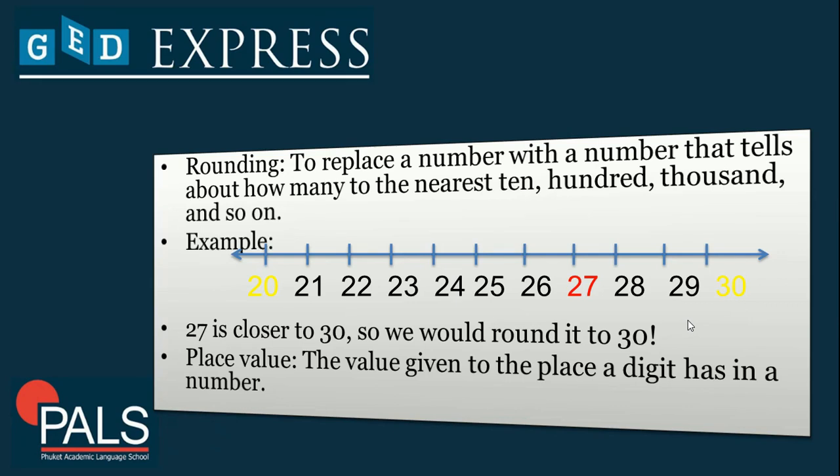If you're going to plot 27 on a specific number line and round it to the nearest tens, 27 is near to 30 compared to 27 being near to 20. So if you're going to round 27, it will be 30. And for the place value, that would be the value given to the place a digit has in a number.